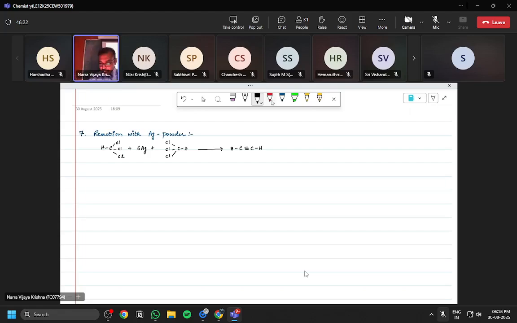If the acetylene is passed over red hot iron tube, leads to formation of benzene. Right? This is one more reaction. Next one, chlorination reaction.